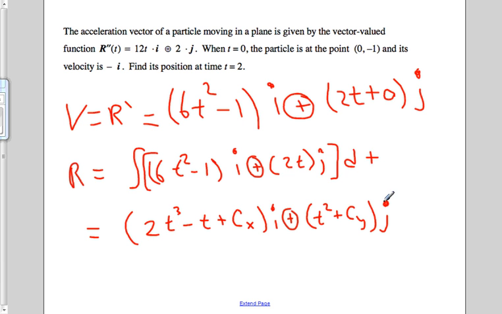And then we're going to need to give our initial condition right here, which is that at time equals 0, we know that I'm at the point 0 comma negative 1.